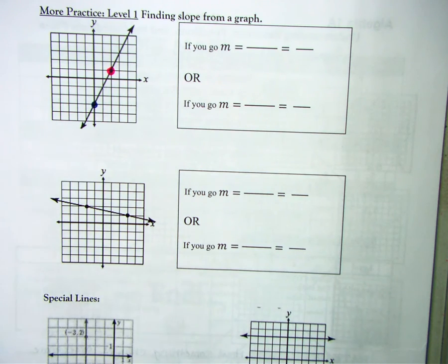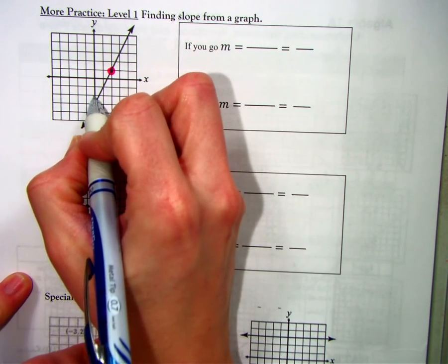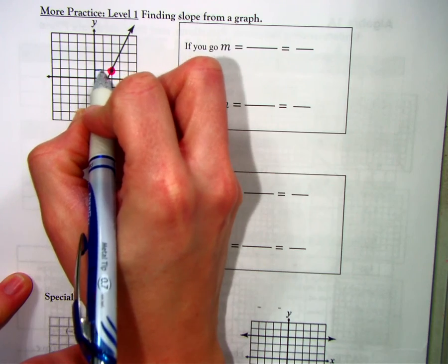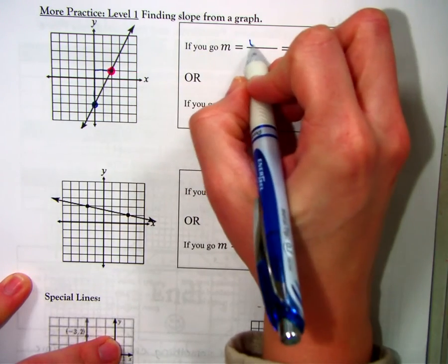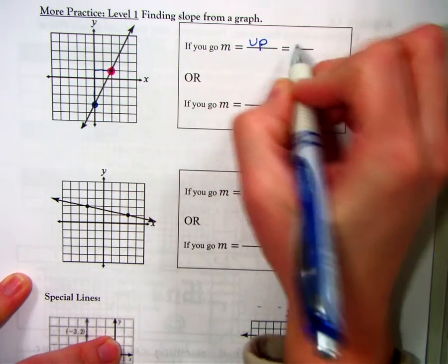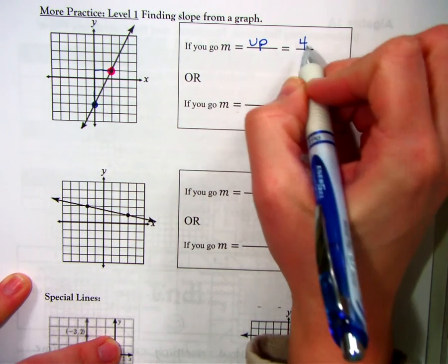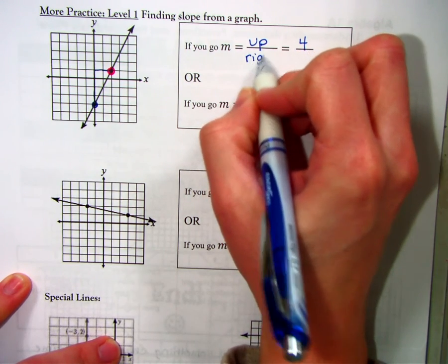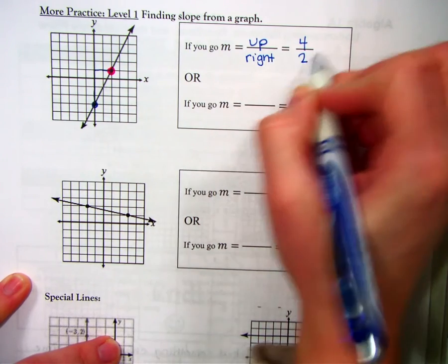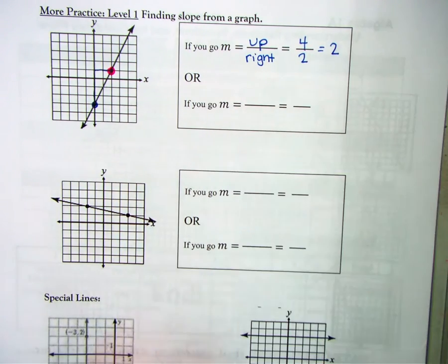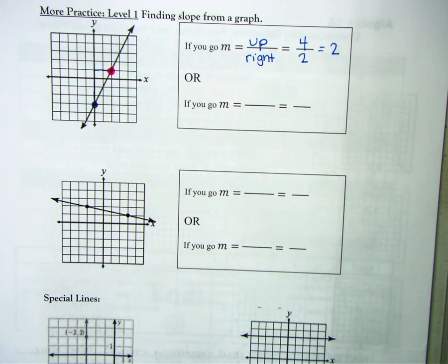If I start with the blue, you would go up 1, 2, 3, 4 and right 2, your answer would be 2. Because 4 divided by 2 is 2. So I just went ahead and divided it.